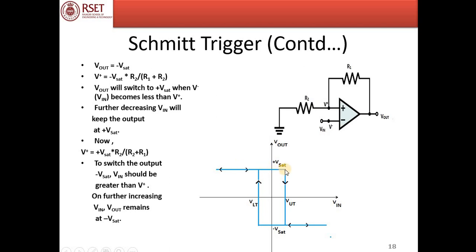It reached the point plus Vsat into R2 by R1 plus R2. Suddenly the output dropped to minus Vsat because at this point the voltage at the inverting terminal is more than that at the non-inverting terminal. On further increasing V input, the output will remain at minus Vsat. So this is the path when you decrease V input and this is the path when you increase V input. I hope this transfer characteristic is clear.